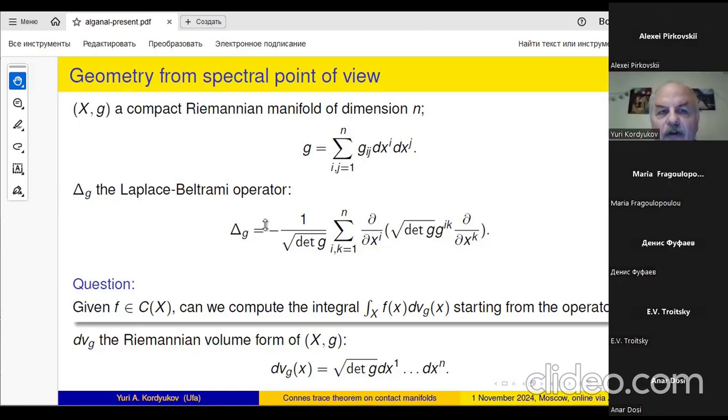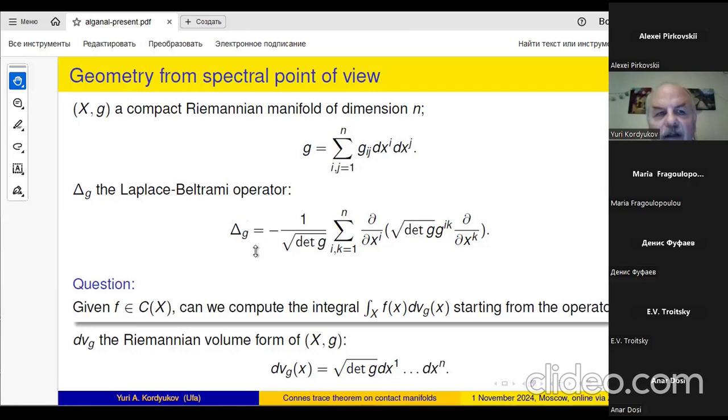And the problem which I'm going to discuss is the following. Suppose we have a compact Riemannian manifold of dimension n. So here we have a Riemannian metric. Then we have the corresponding Laplace-Beltrami operator, and you know that actually we need the Dirac operator, but in this topic we just have the square of Dirac, and this is really the Laplace-Beltrami operator.